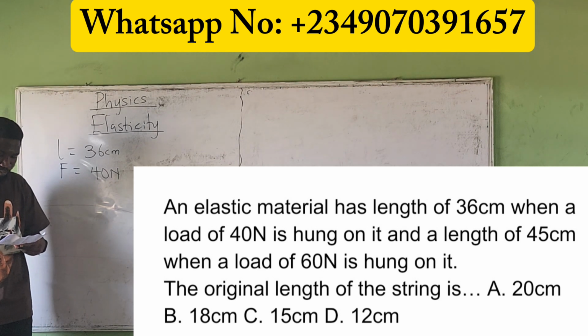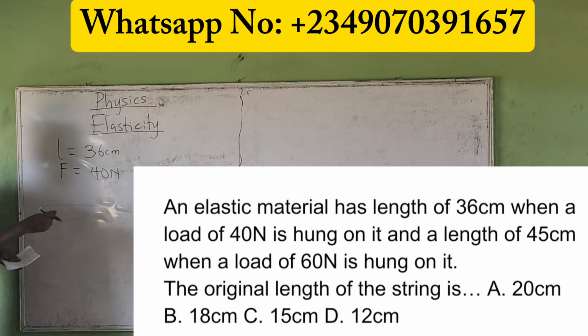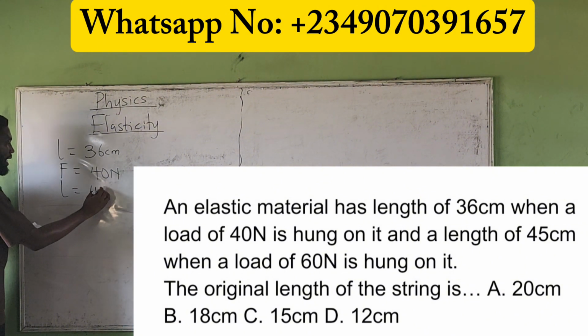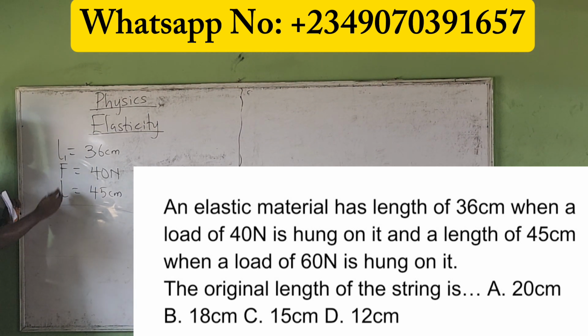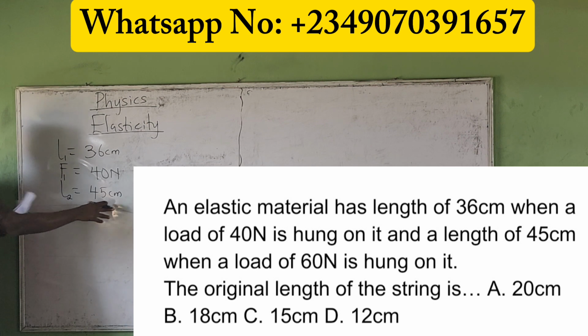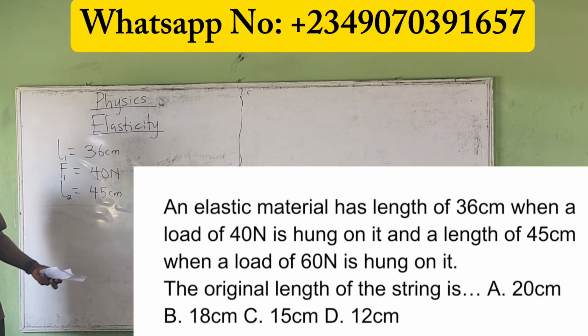And a length of 45 centimeters. So that means we are no longer using 36 now. The other length is 45 centimeters. So class, let's make this one L1, here to be F1. When a force of 40 newtons was applied, the length became 36 centimeters. Now, when we have the length be 45 centimeters, the question says that a load of 60 newtons is hung on it.